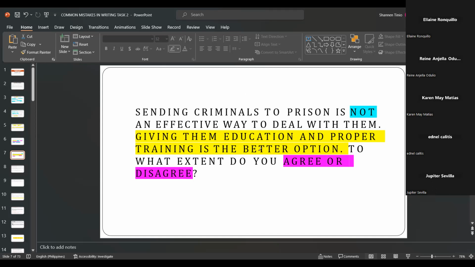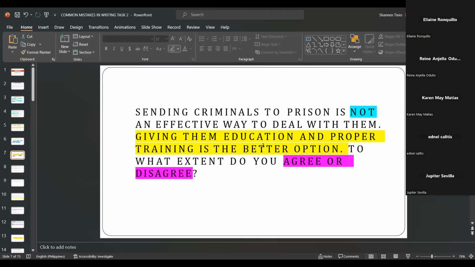It's happening nowadays, but I don't know if education is happening within the premises of imprisonment. But I highly disagree. Kailangan nandun sila sa kulungan. Okay? So this is a very tricky situation.